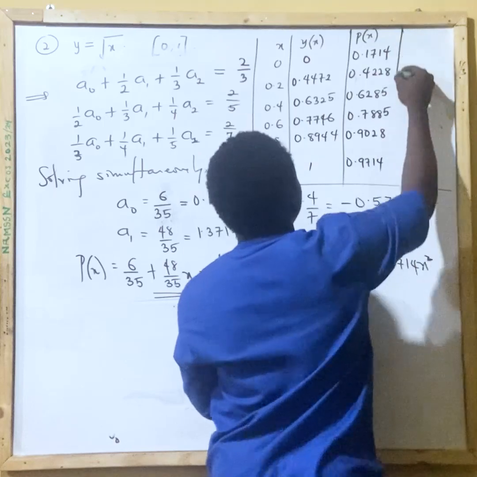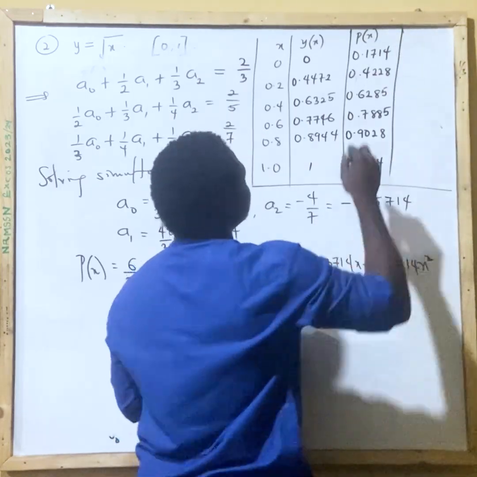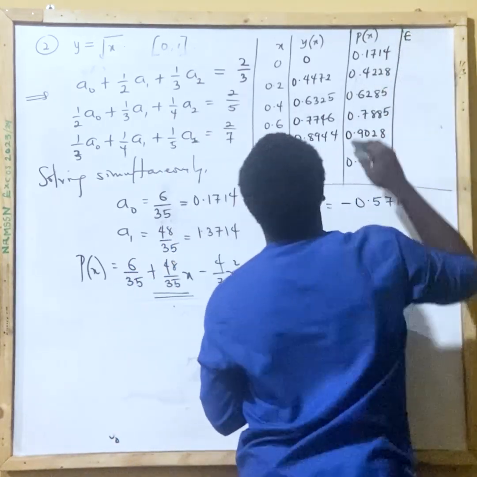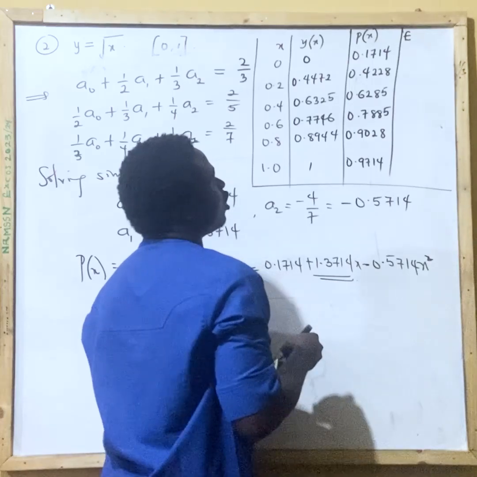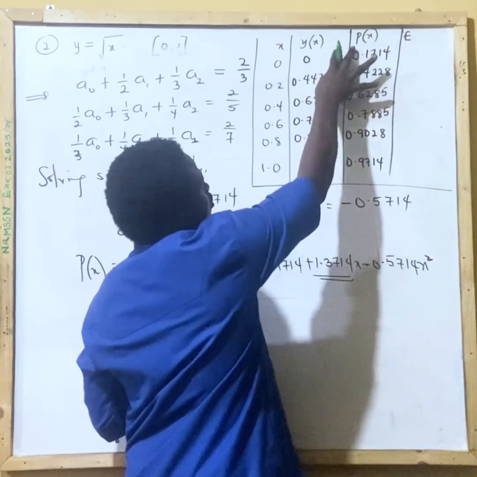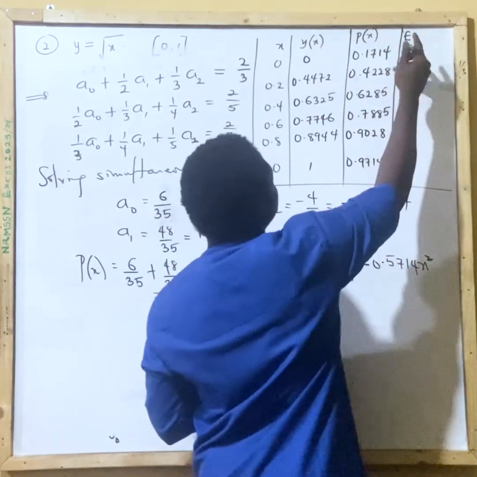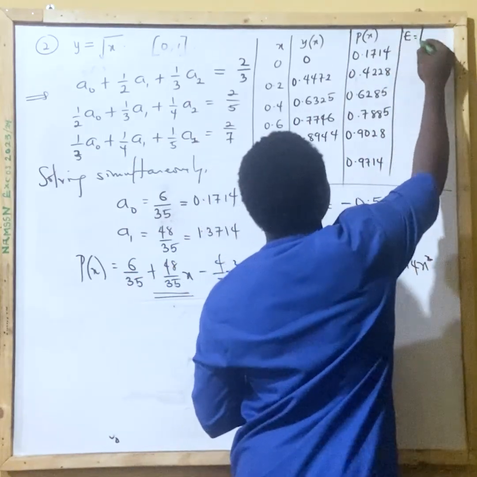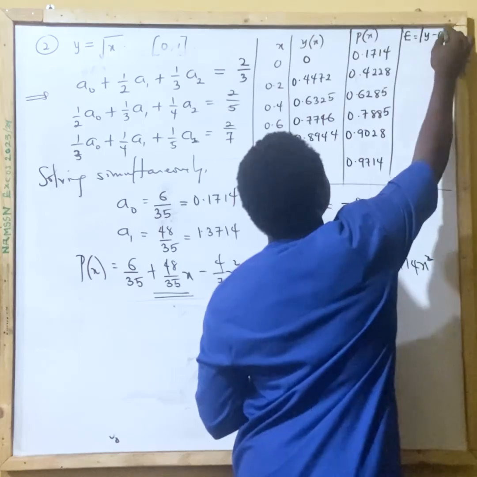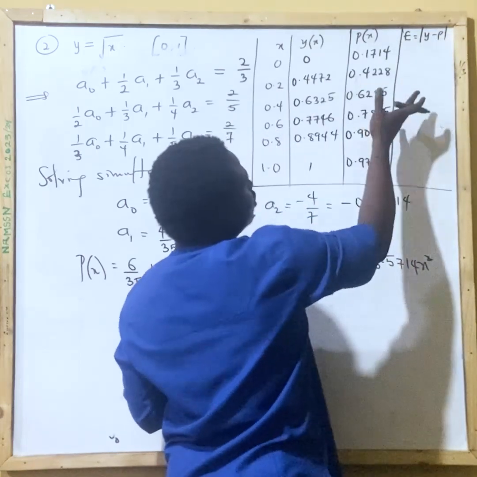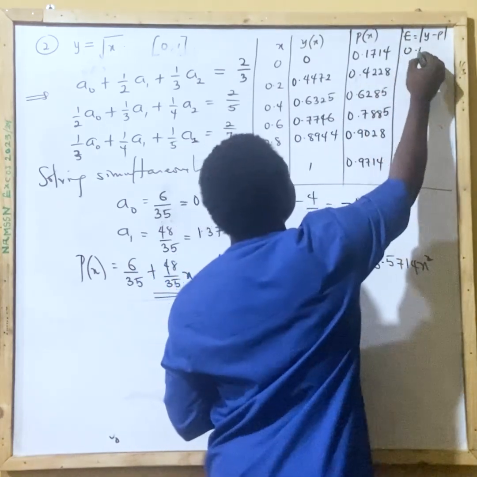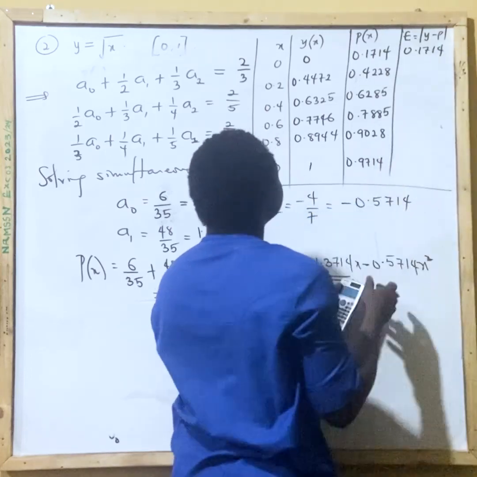Of course, we should be doing our error analysis too. So our error is the absolute value of the difference between these two results. That is our y minus p, we get the absolute value. So whichever way you choose to subtract, no problem. I have this to be 0.1714.